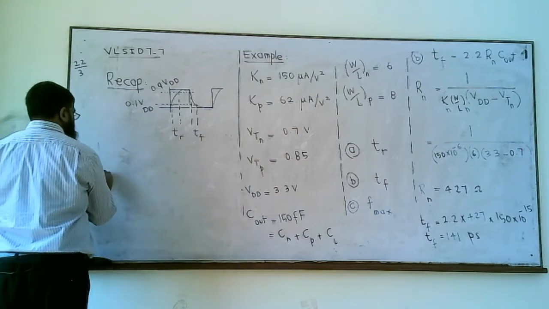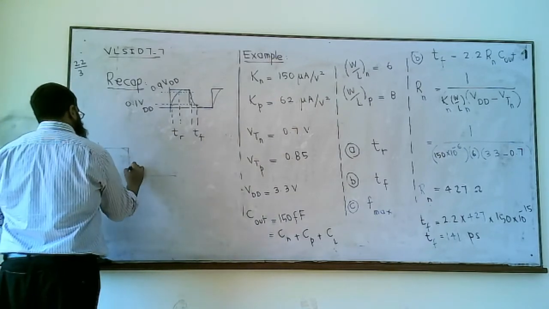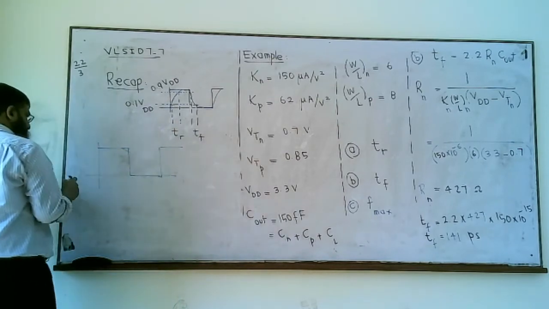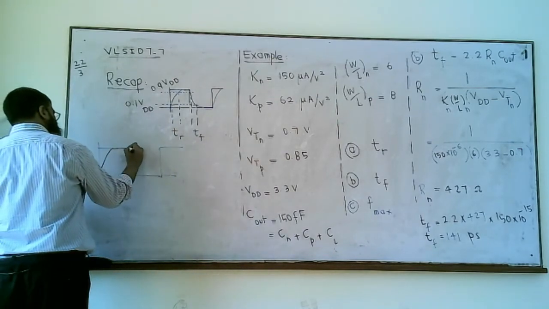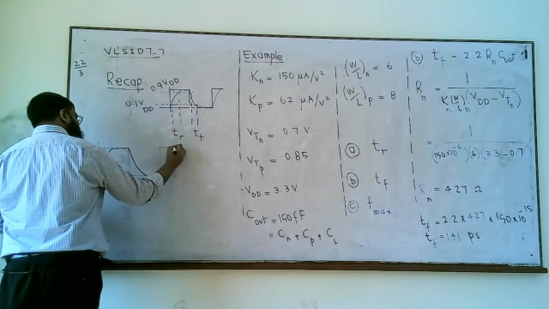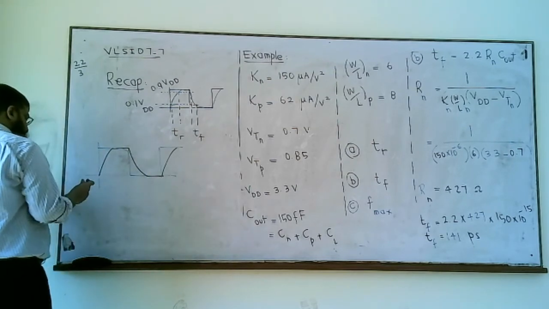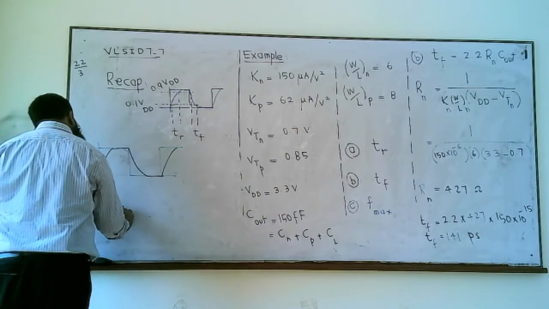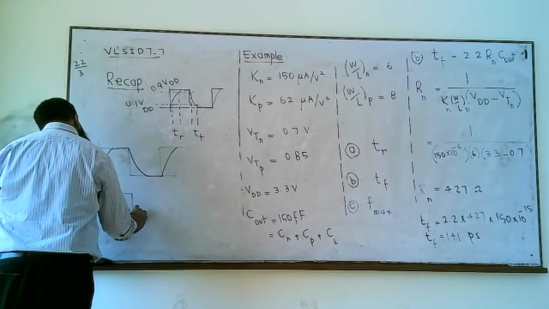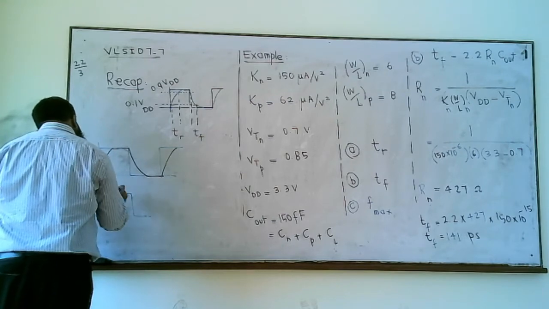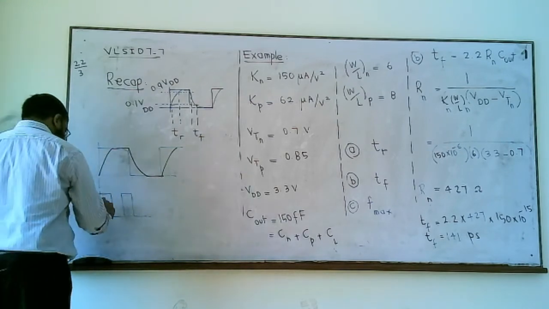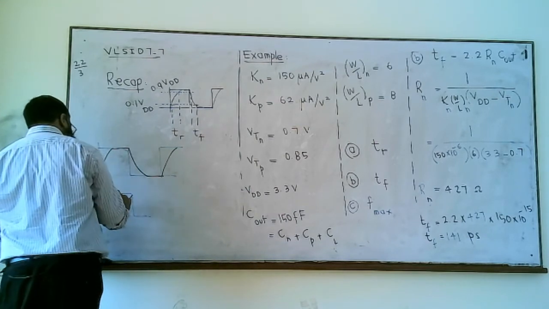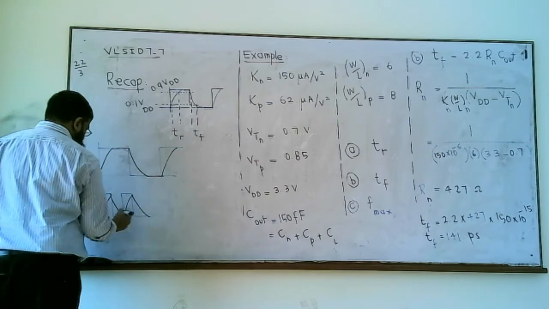This is like if we have an input like this, the output has some delay and it is drawn like this. Right. If we increase the signal frequency at the input, for example, if the input signal is of a very high frequency, the output may be just able to reach its levels for logic 0 and logic 1.